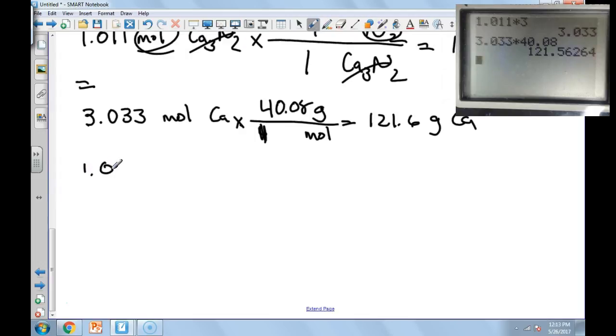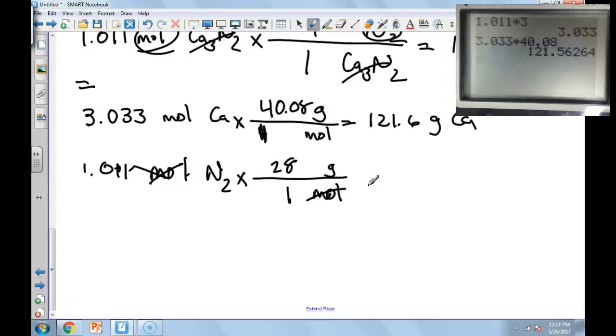So we have 1.011 moles of N2. And again, we're going to X-line it. We want to get rid of moles, and we want to convert to grams. Okay, moles cancel. We're left with grams. And I know every 1 mole weighs 28 grams for nitrogen gas. Let's make sure that I do it in the right order. 1.011. We know that multiplication you can do in any order, but I want to make sure that my calculation reflects what I'm doing here.